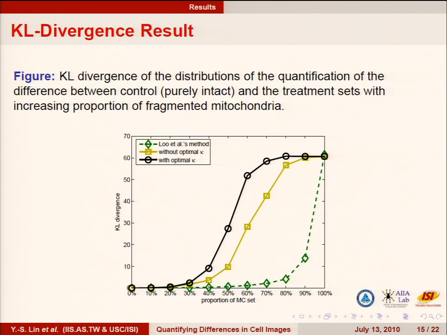It gives something similar to a binary distinction of the difference. You can see here how much fragmentation.